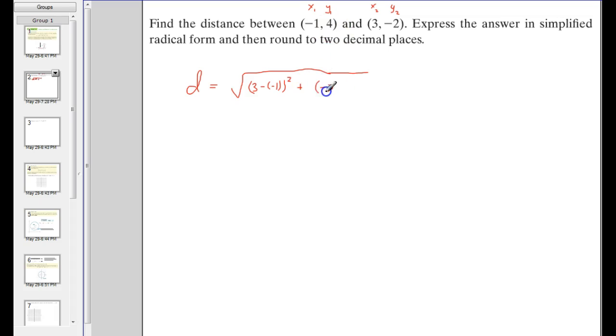And again, we square that. So 3 minus negative 1 is the same thing as 3 plus 1, so that's 4 squared, plus negative 2 minus 4 is negative 6 squared.